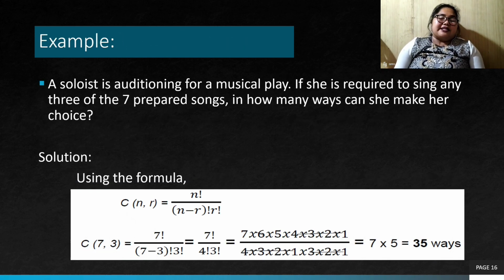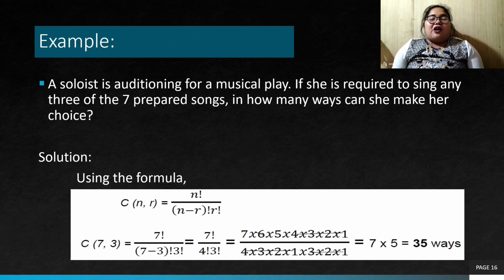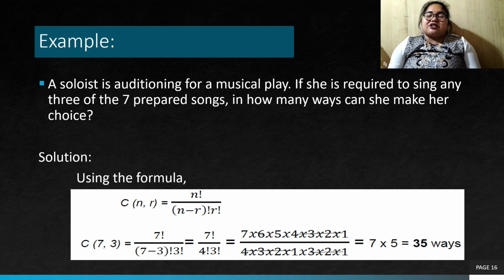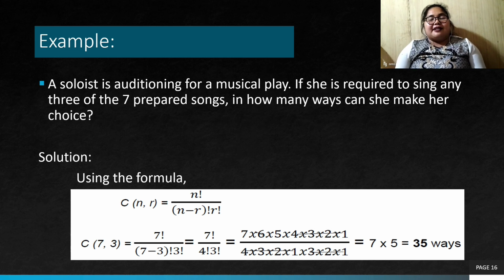Let's have an example for combinations. A soloist is auditioning for a musical play. If she is required to sing 3 of the 7 prepared songs, take note, your n is 7 and your r is 3 at a time. In how many ways can she make her choice? Your solution is using the formula.